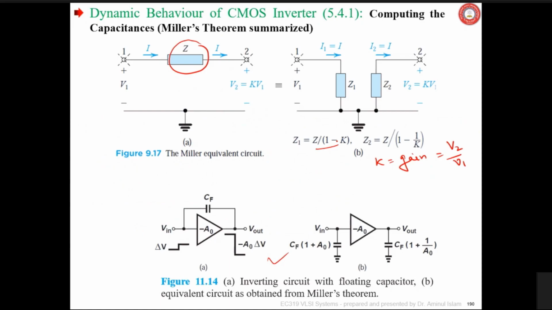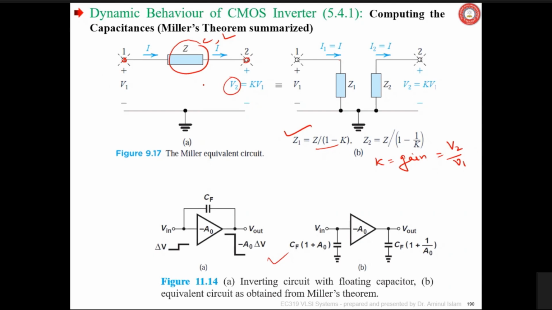And here again, a little highlight has been given. If it is a floating capacitance, resistance or inductance, then this can be used as a grounded capacitance between these two nodes as shown here. Z1 will be Z by 1 minus K, and Z2 equals Z by 1 minus 1 upon K, where K is the gain, V2 by V1.